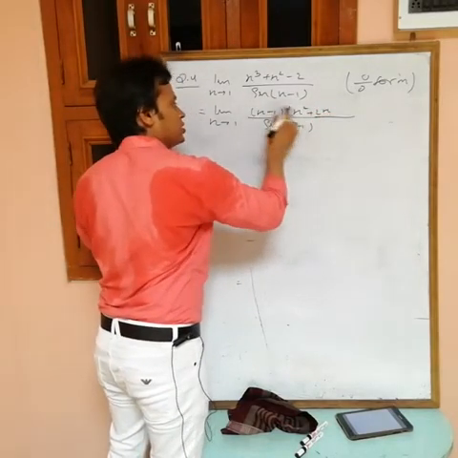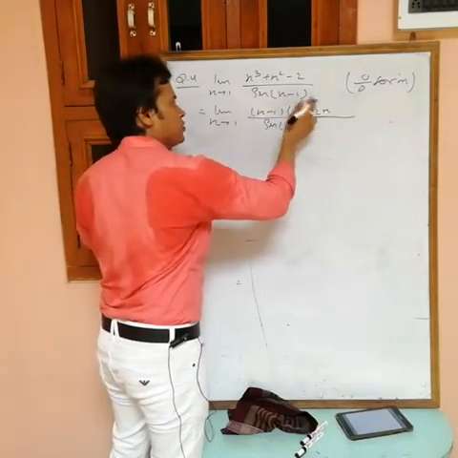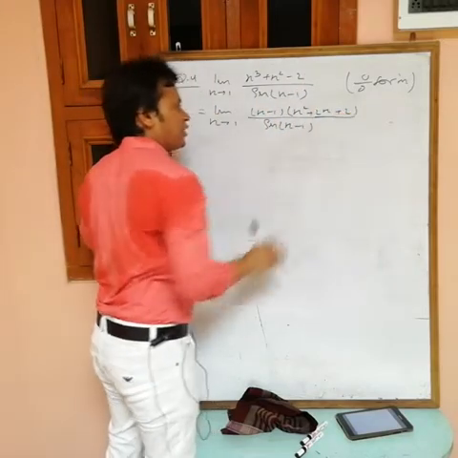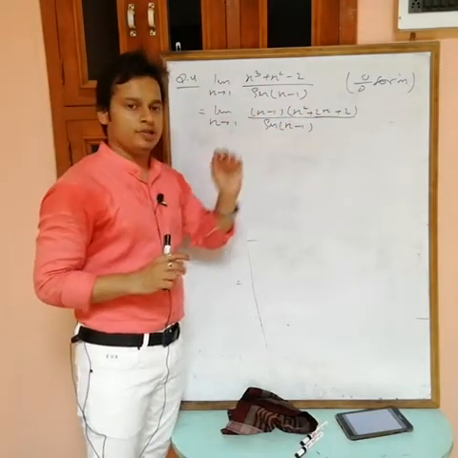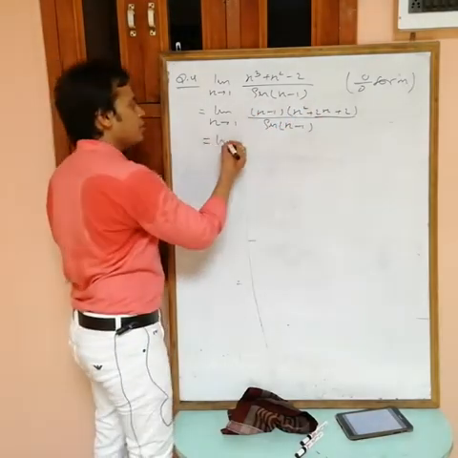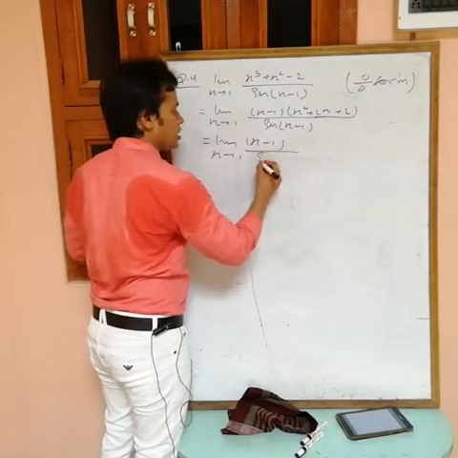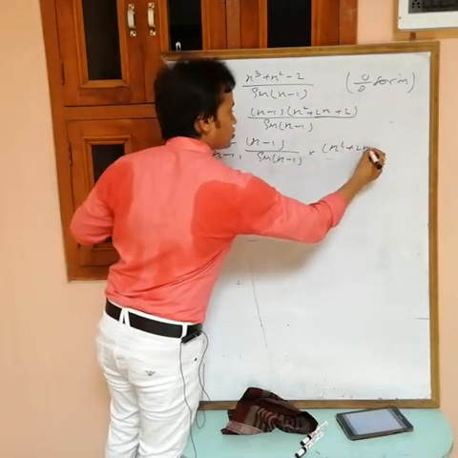Now see, minus x square plus 2 x square, after solving plus x square, minus 2x, but there is no minus 2x, so you want plus 2x, so plus 2. Okay, this is the factor, or you can divide this one with x minus 1, then you will get this one. Okay, now I can write limit x tending to 1, x minus 1 by sin of x minus 1 into x square plus 2x plus 2.